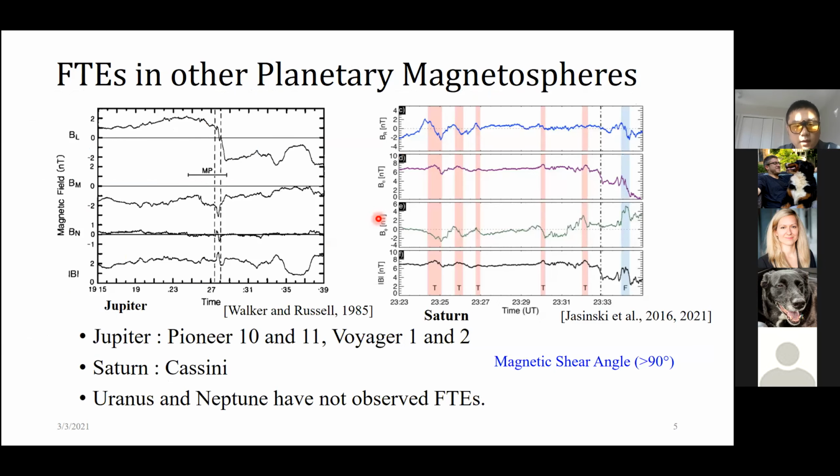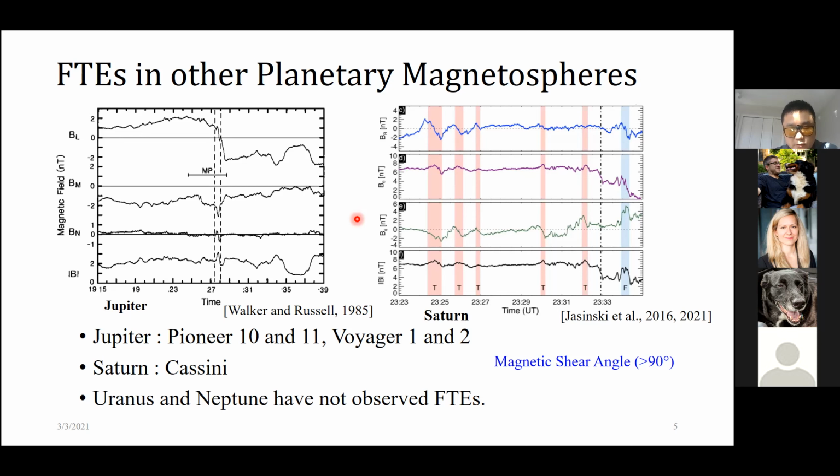Okay. So there are observations of flux transfer events in other planetary magnetospheres. For example, we show here on the left-hand side an observation of flux transfer events in Jupiter's dayside magnetosphere. And on the right-hand side, it shows evidence of flux transfer events at Saturn's magnetosphere.